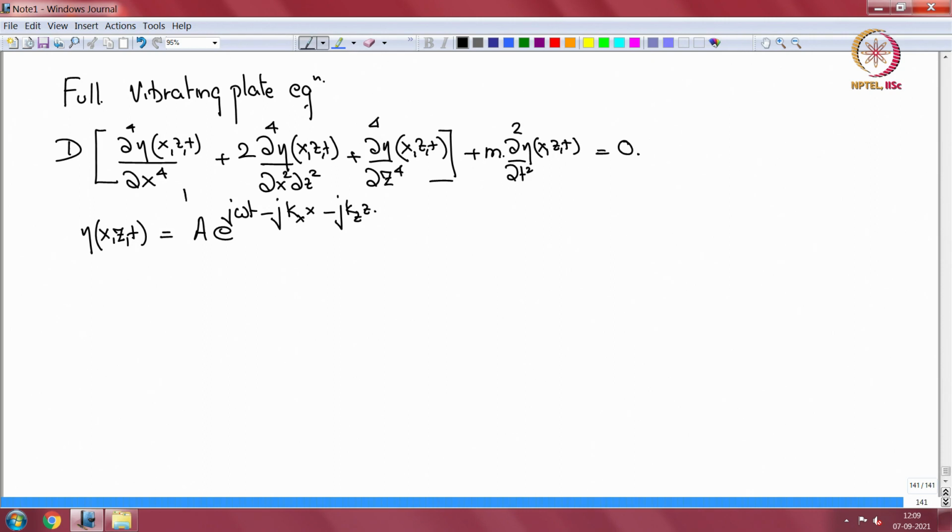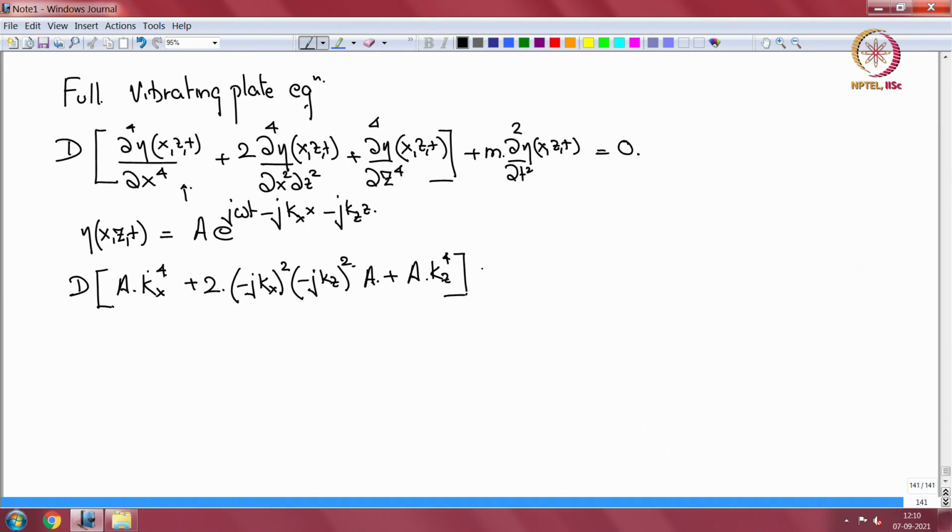Okay, so if we substitute this in here, I'll get D times A. Four derivatives give me kx to the fourth, plus twice — two derivatives in x give me minus j kx squared, two derivatives in z give me minus j kz squared — into A, again plus A into kz to the fourth. The propagator I am keeping outside, e to the power j(ωt − kx x − kz z).